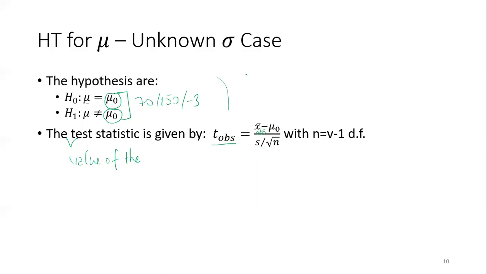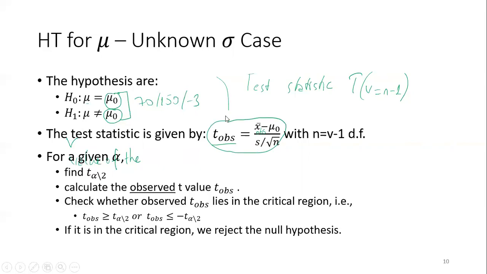Hence, the test statistic is, of course, a t random variable with v equal to n minus 1 degrees of freedom. So the value of the observed test statistic is given by this.